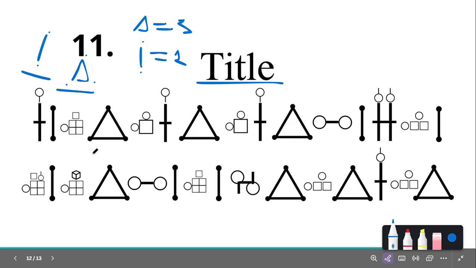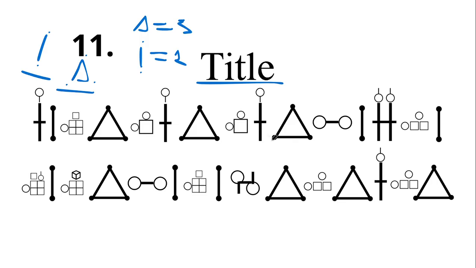So let's start from the beginning. This symbol here, what is the symbol? This is a circle, a joint, a circle. The circle here represents a thing, so this is thing with thing.